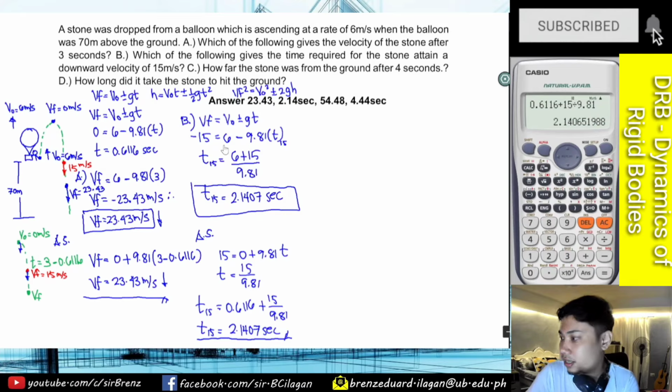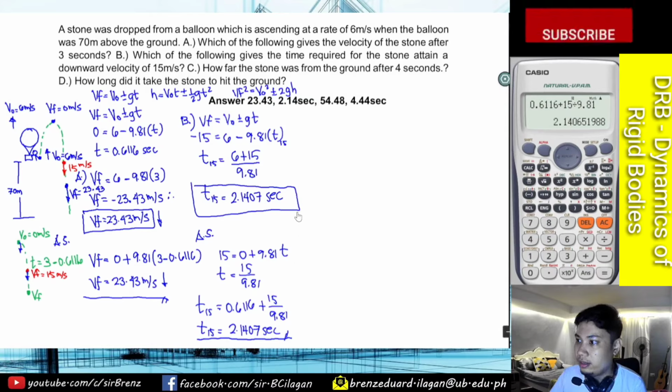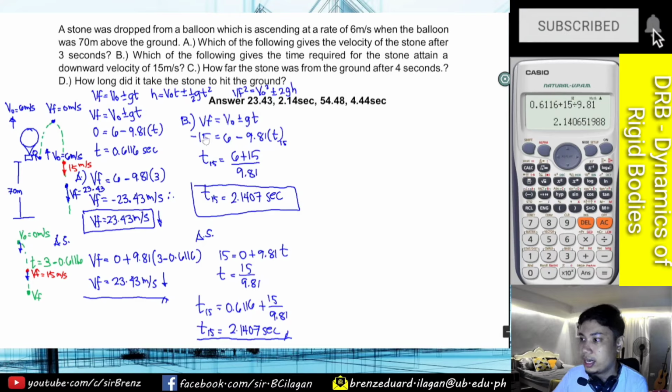And then next, for letter C. Okay, so C is how far the stone was from the ground after 4 seconds. So, gawin na lang natin yung shortcut.